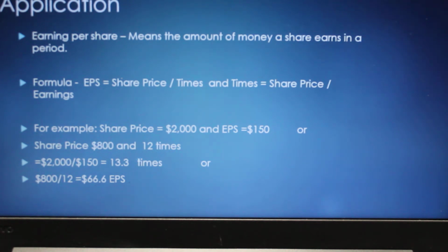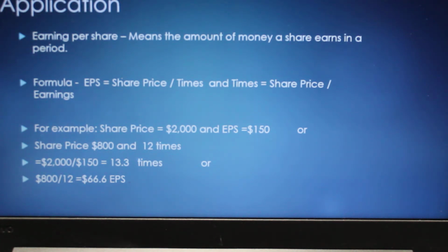So 2,000 divided by 150 gives us 13.3 times. Therefore, we can say that this share will take approximately 13 years to recoup the initial investment. So it will take quite a few years for you to recoup the investment.